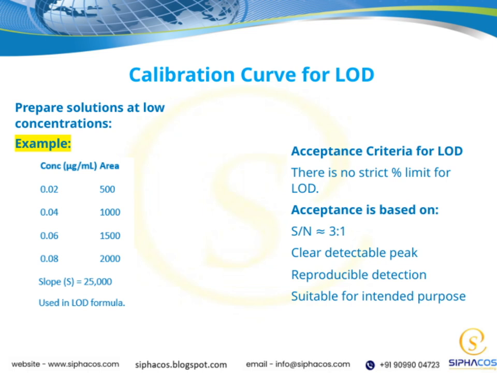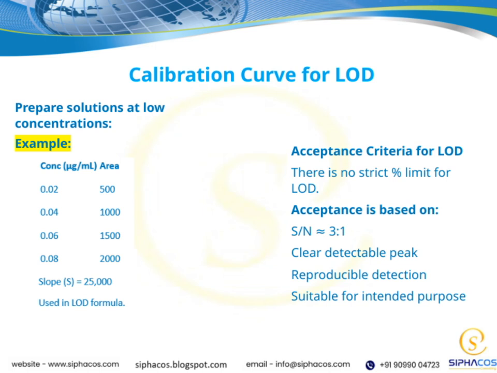Second, we need a clear, detectable peak in our data, so we can confidently identify the analyte. Third, reproducibility is essential. Our detection should be consistent across multiple measurements. And finally, the detection must be suitable for the intended purpose, whether for screening, confirmation, or quantification.